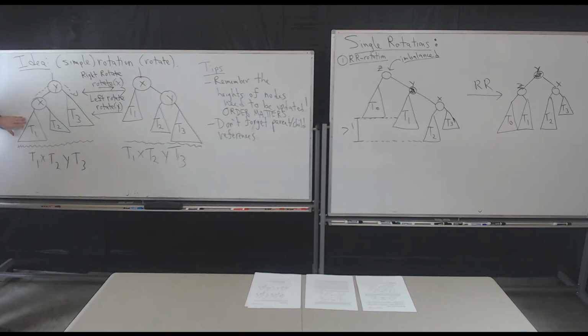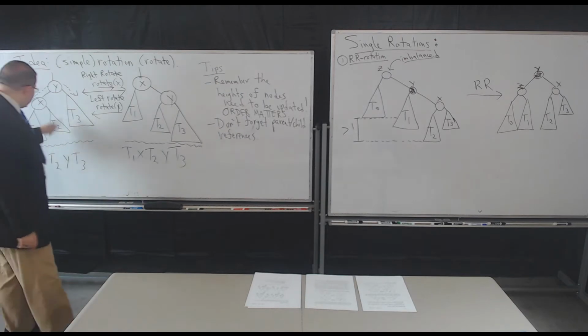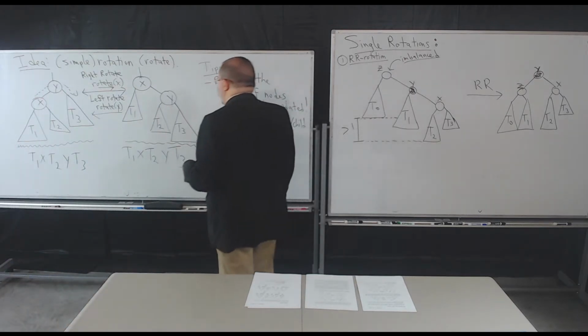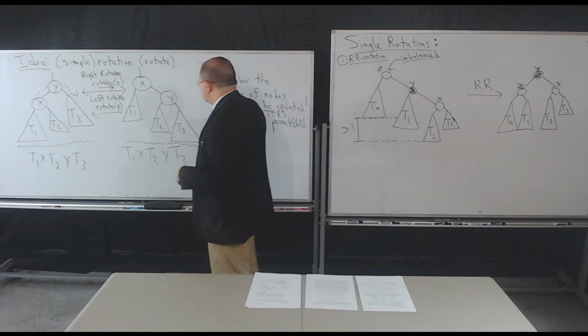When I move this subtree around, does its height change? No, right? However, x and y's heights might change. Why? Because remember, these are just subtrees, they're just children of x and y at some point.